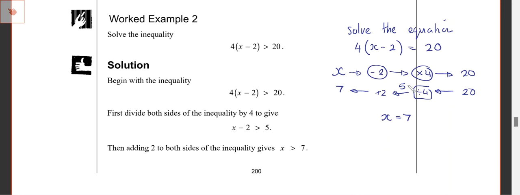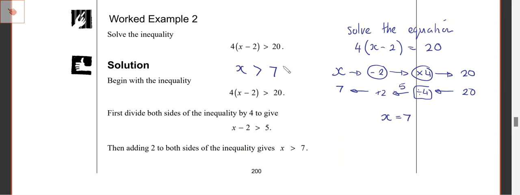Now, look at the inequality where it says, instead of equals 20, it says is greater than 20. What do you notice? We end up with the solution x is greater than 7. So what do you think? Do we just do the same process, but have a greater than instead? We do.